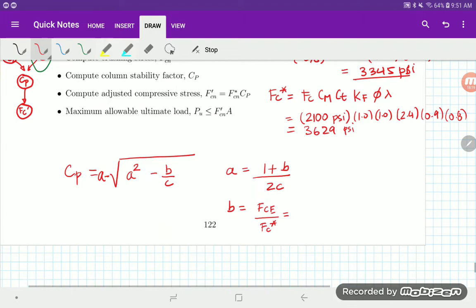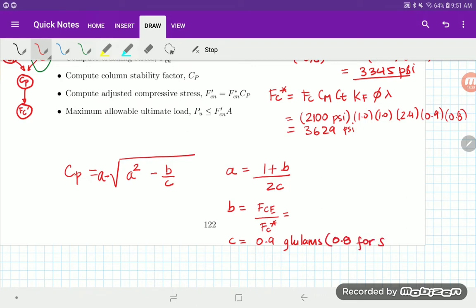And C, that other factor that goes in there, for glulams is just 0.9. You may recall this was 0.8 for sawn lumber.